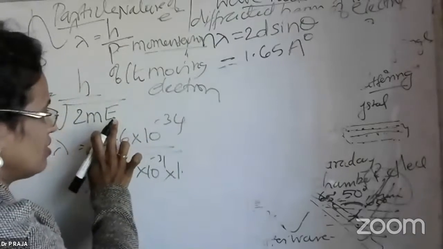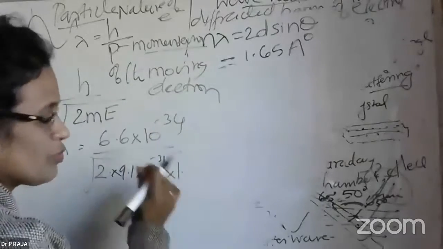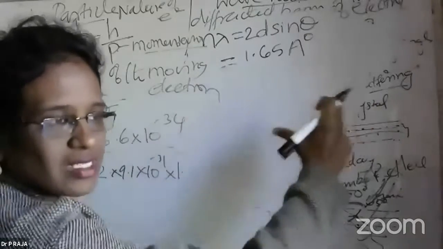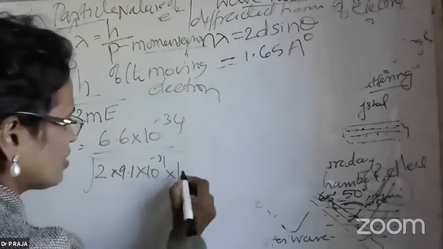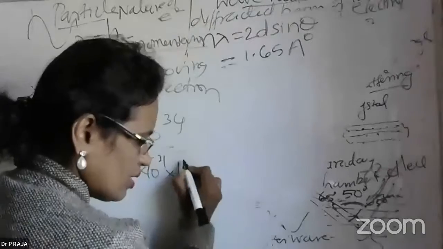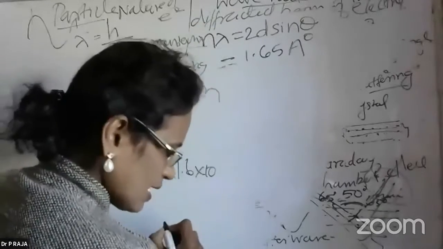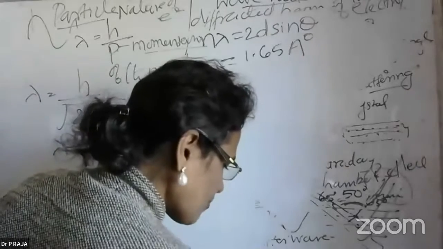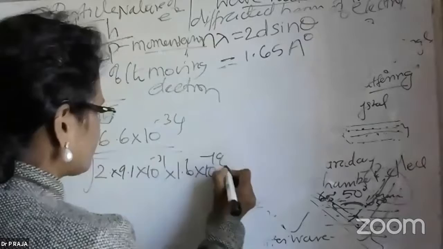E into V, the moving electron has energy eV, taken through the potential difference. If you substitute it here, it will become 1.6 into 10 to the power of minus 19.